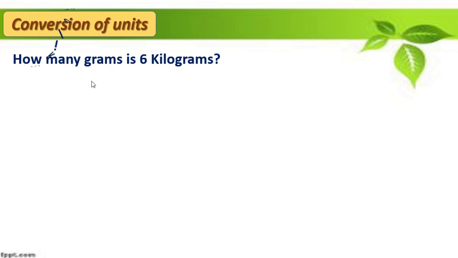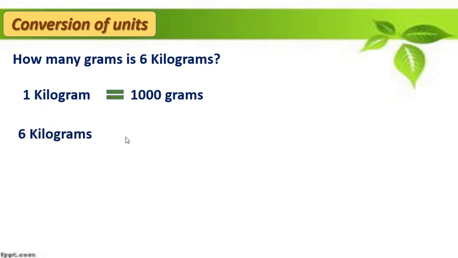Now dear children, we know that 1 kilogram is equal to 1000 grams. Right? We know this. Therefore, 6 kilograms is equal to what we do? Yes, 1000 multiplied by 6, because we want to find out for 6 kilograms, right?